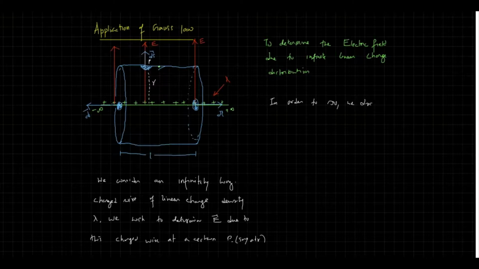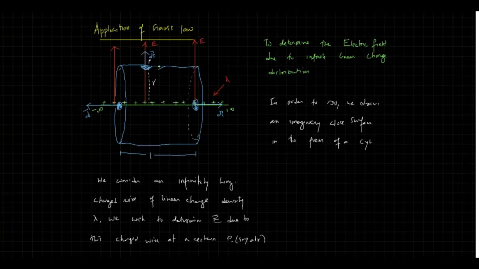Okay. So in order to do so, we draw an imaginary closed surface in the form of a cylinder, to determine the flux enclosed by this surface.